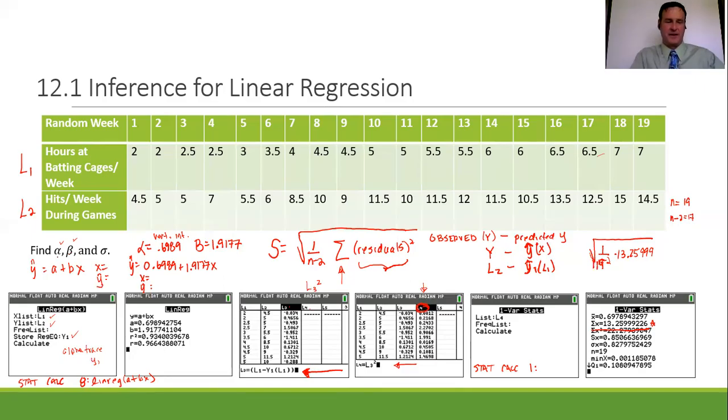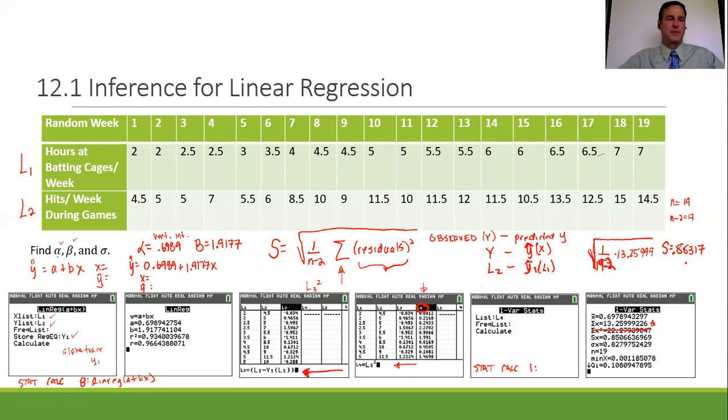So 1 over 17 times 13.25999. And again, let me rewrite this if you can't see it. Gives us 0.88317.